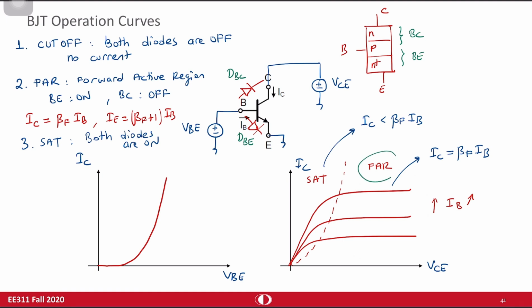So this region is desired for analog operation. Of course, not all the time, but like 90% of the time, you prefer your transistor to be in this region. If it is not in this region, you cannot talk about small signal. So to be able to talk about small signal amplification, you want your bipolar transistor to be in forward active region.